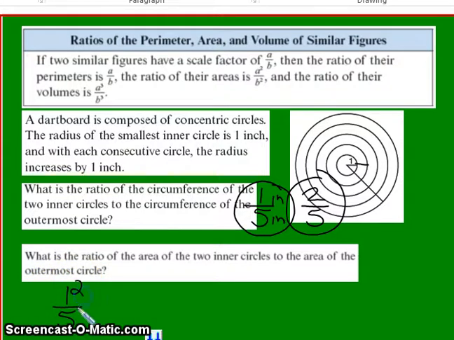So it's a squared over b squared, which is 1 over 25. For the second inner circle, which has a scale factor of 2 to 5, we would square that scale factor to find the ratio of the areas. 2 squared is 4, 5 squared is 25. So the ratio of the second circle to the outermost is 4 to 25.